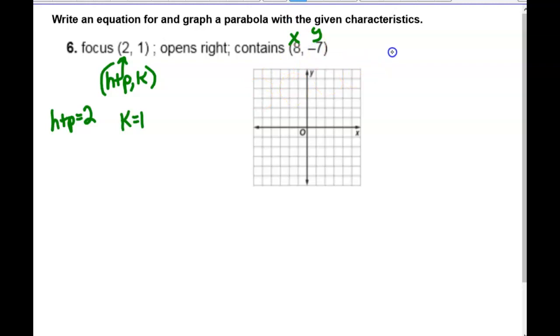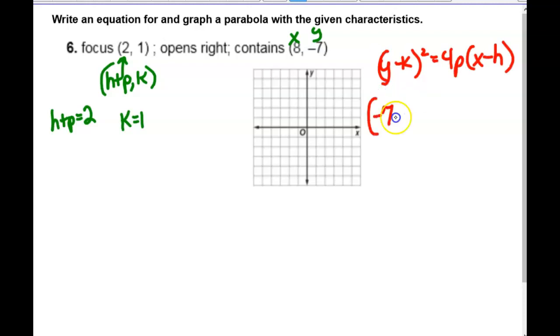So if I know it opens to the right, I have (y minus k) squared equals 4p times (x minus h). Do I know a y? I know -7. Do I know a k? I know k is 1. I don't know p. Do I know an x? x is 8.